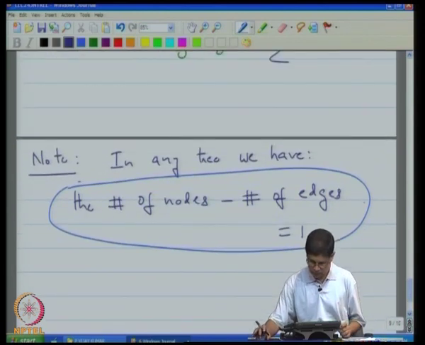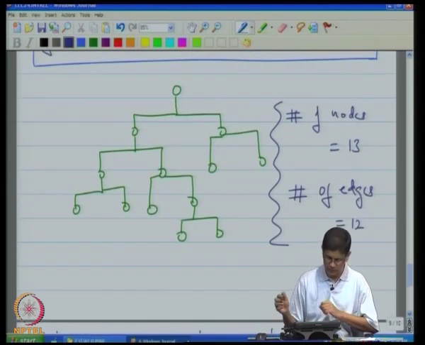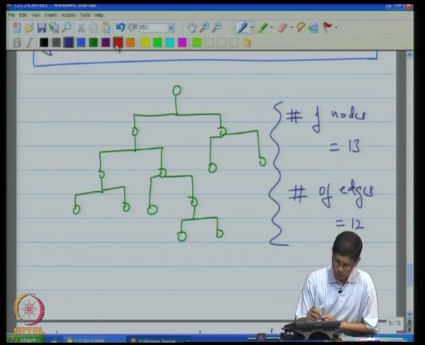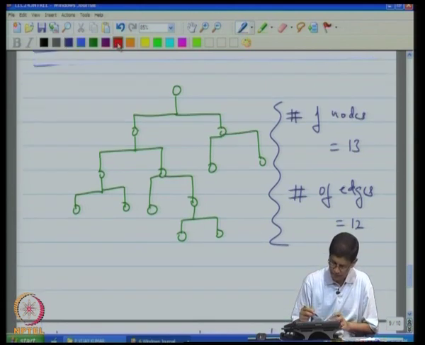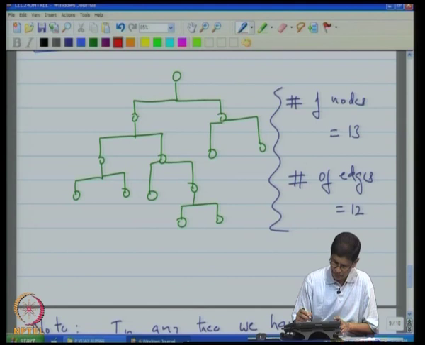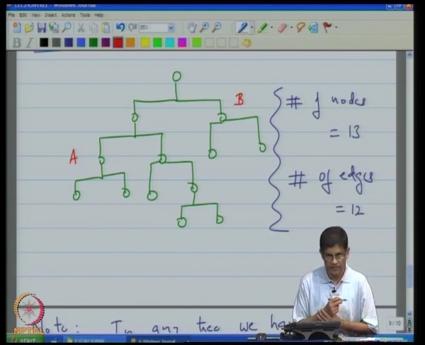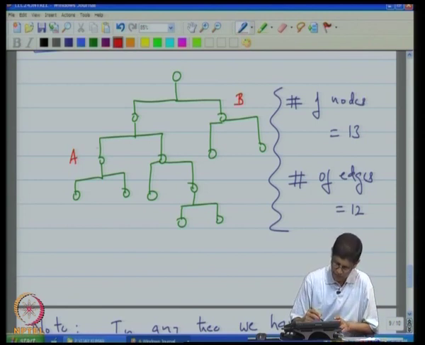Then the other observation about trees is that between any two nodes there is a unique path. For example, if I wanted to go from this node A to node B, there is exactly one path which will take me there, and that path is to follow like this, leading me to this node and then to this node.